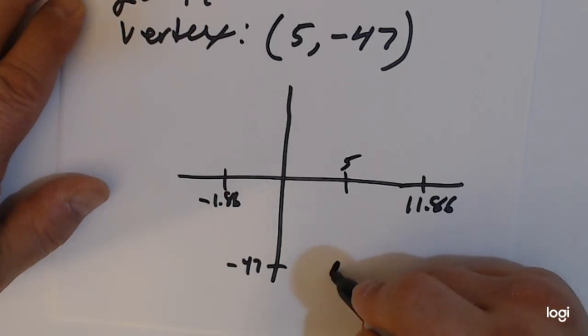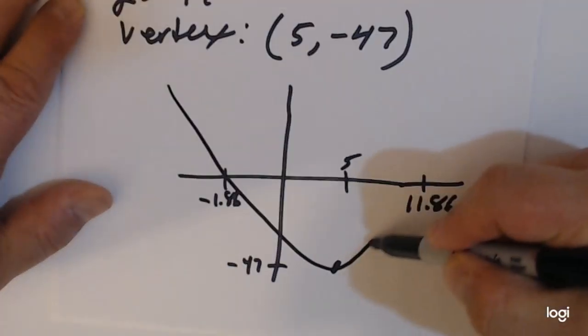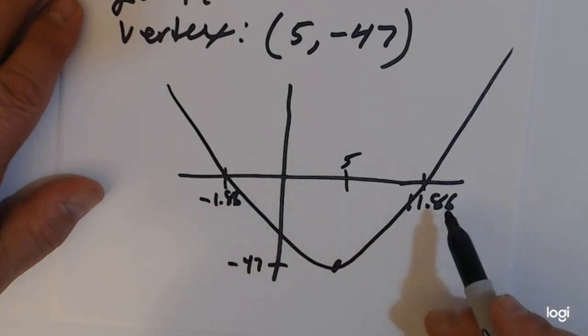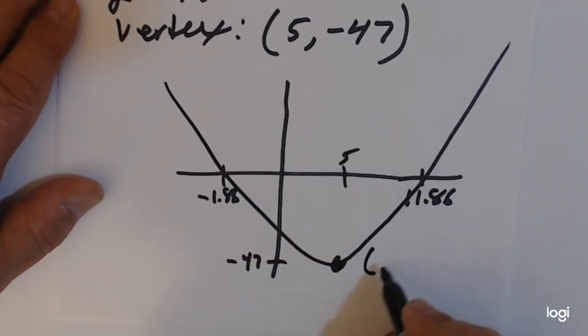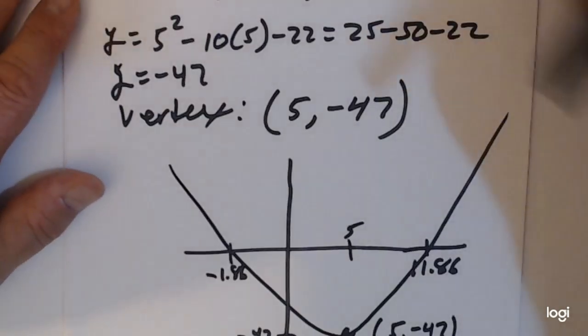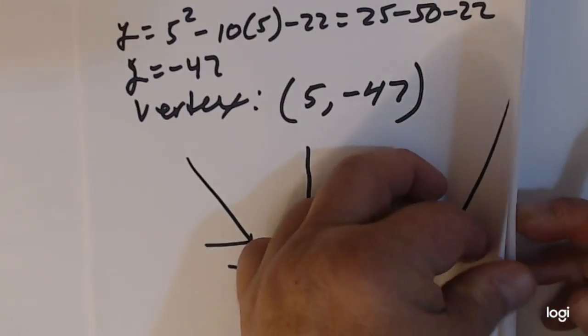So right about here, it's obviously not in proportion. So that's what the graph is going to look like. The two intercepts at negative 1.86 and 11.86, and the vertex at 5, negative 47. And we're finished with this problem. Let's see what we've got next.